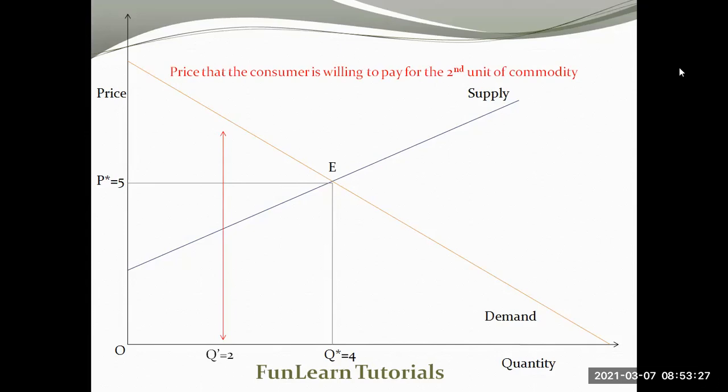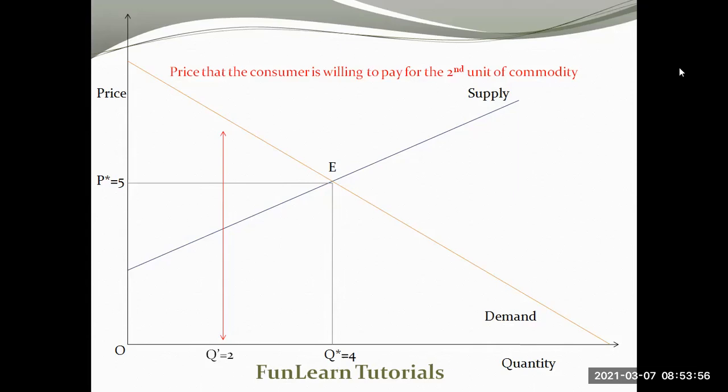However, if we move in the opposite direction, the demand curve essentially shows the price that an individual is willing to pay for procuring a given amount of commodity. That is, for a given amount of quantity that the individual wants, the amount of money that the individual is willing to offer to the producer is given by the demand curve.